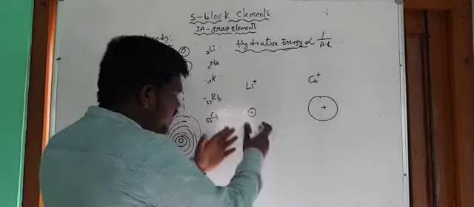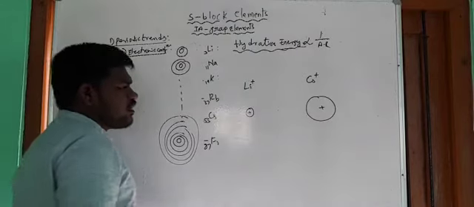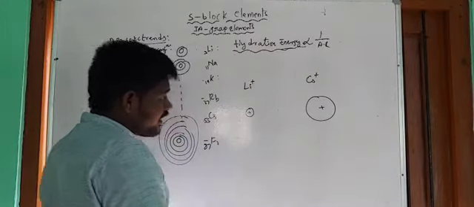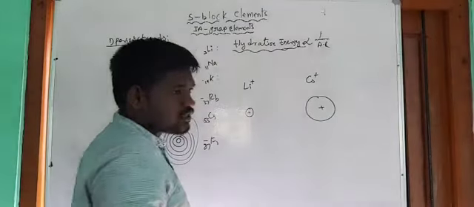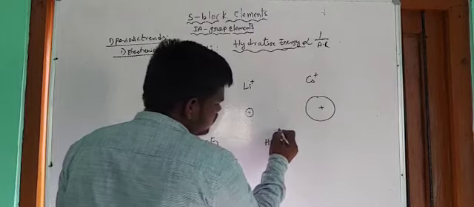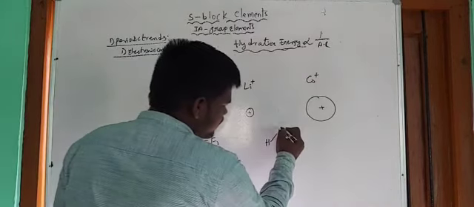Right, when these two ions are placed in water, what happens? The negative part of the water coordinates with the positive ions. Now let us try to understand. This is the structure of the water. The negative part means oxygen.